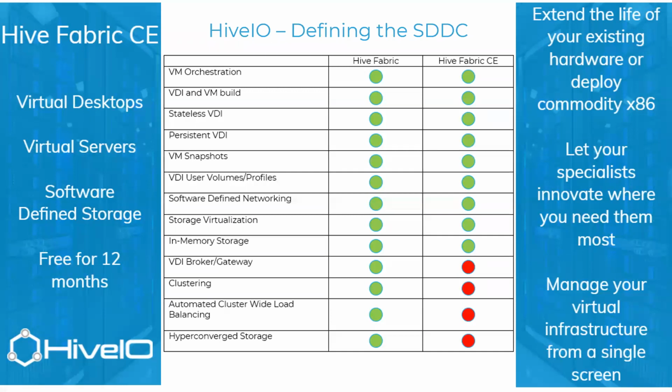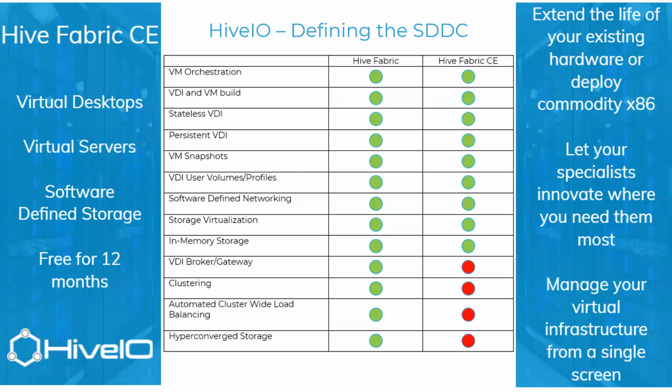All right, with Hive Fabric CE, we're providing you the power of all of the hypervisor functionality, all of the VM orchestration, right? The ability to build out stateless and persistent VDI, to create VDI that has user profile support built in via our user volumes. The ability to work with software-defined networking, snapshots, right?